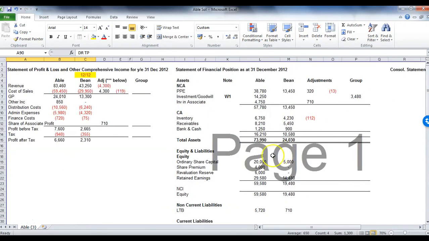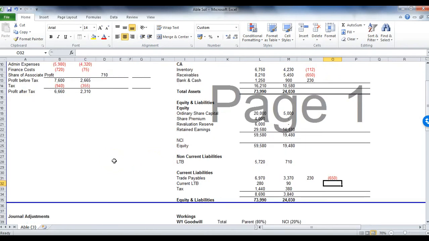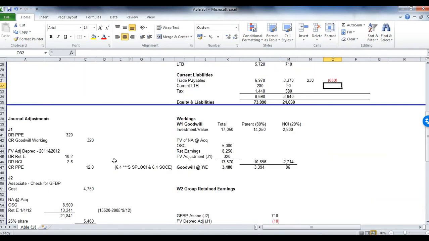So we just go on up here, increase this by 650, increase it by 230, reduce our trade receivables by 650, increase our trade payables first by 230, and then reduce it by 650. So again, you're just making the 4 adjustments as required, so you don't have to come back to that adjustment again. You're fully finished with it, and you've got your full marks.